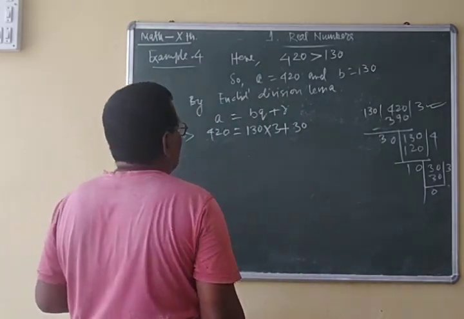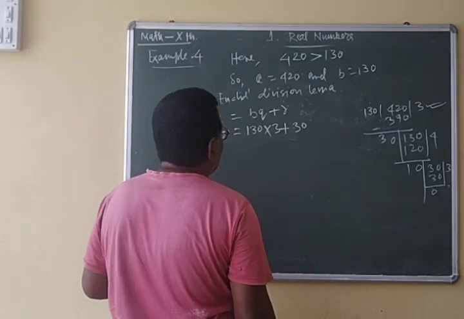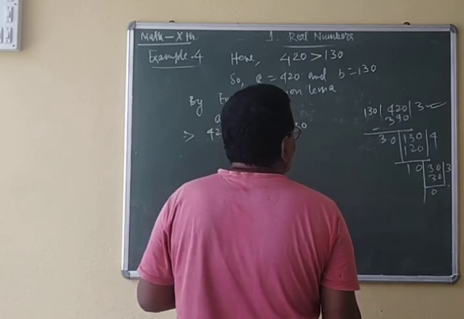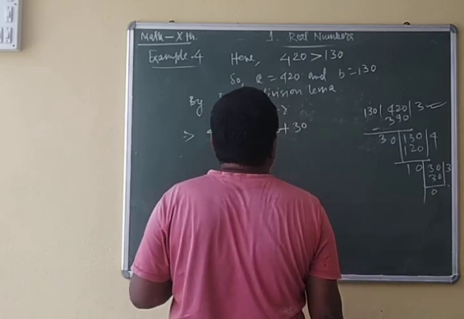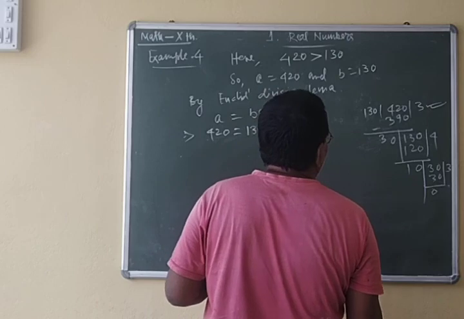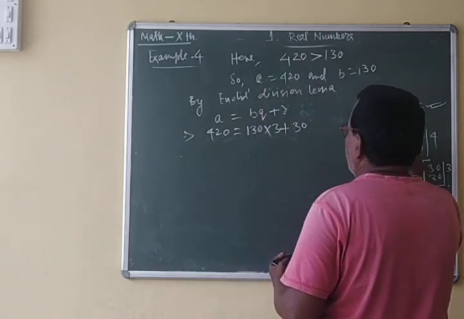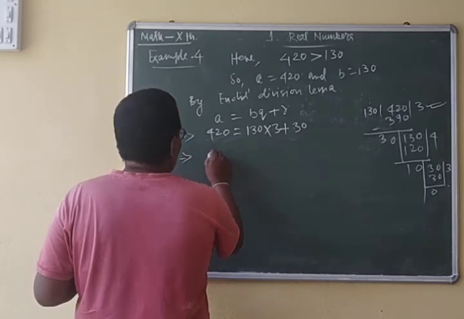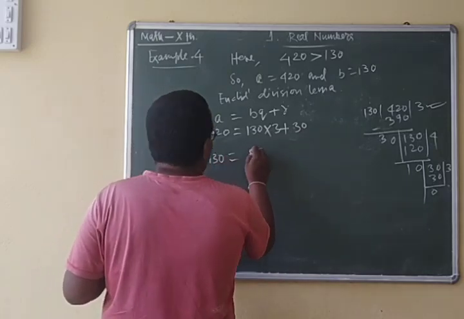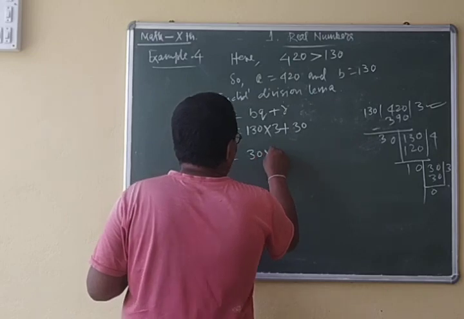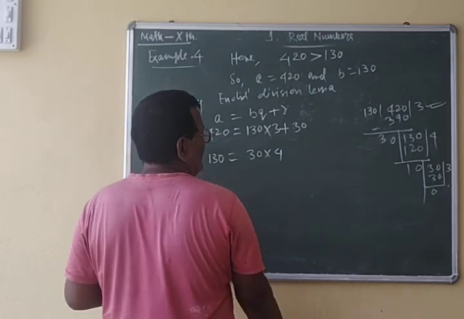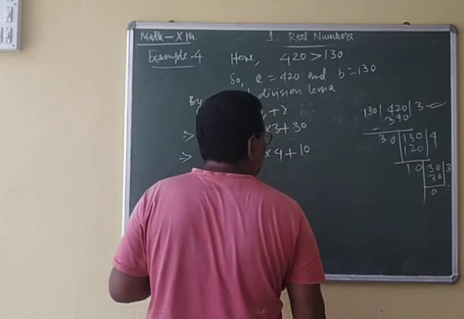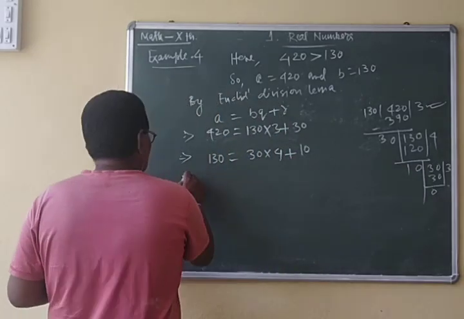Here the new divisor is 30 and the new dividend is 130. So 130 is equal to 30 into 4 as quotient plus remainder 10. Remainder is equal to 10.